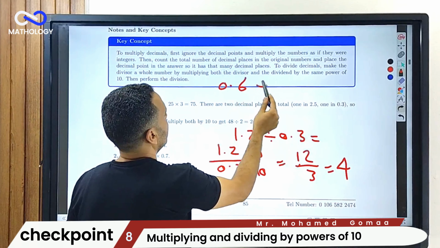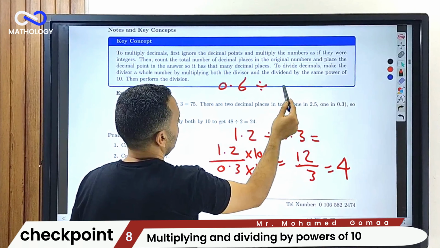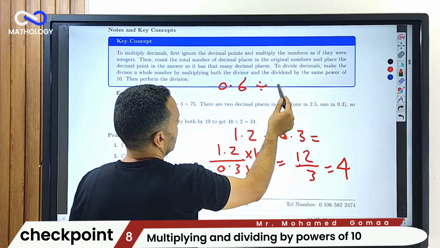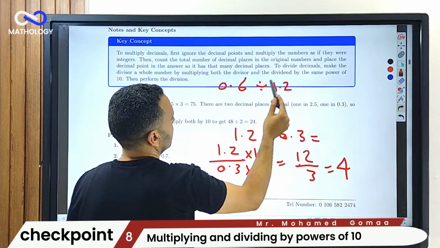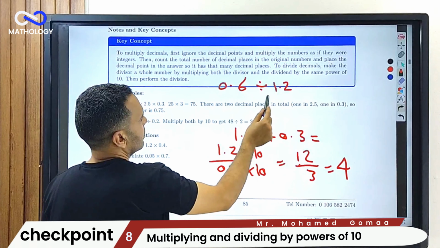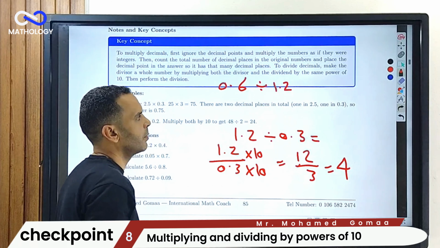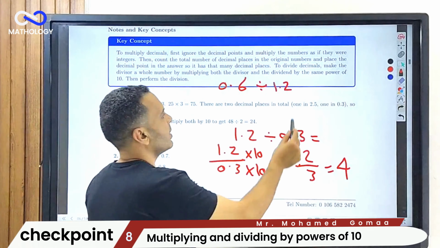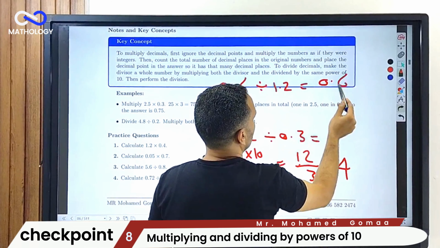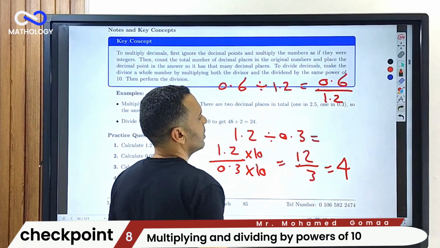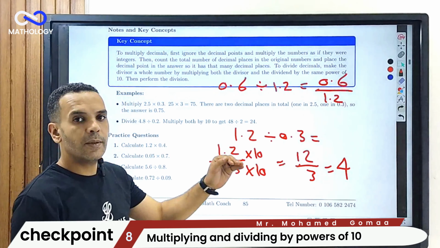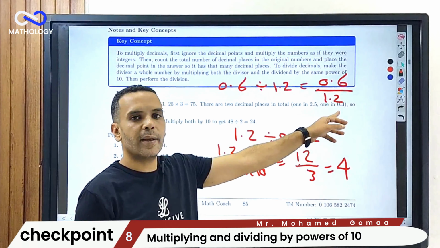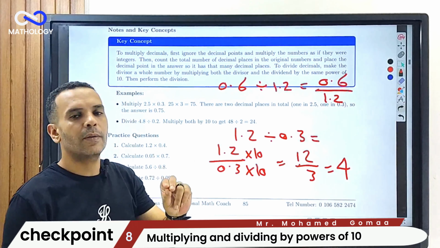Another example: 0.6 divided by 1.2. It will be 0.6 over 1.2. Multiply by 10 over 10 to cancel the decimal point in the divisor.